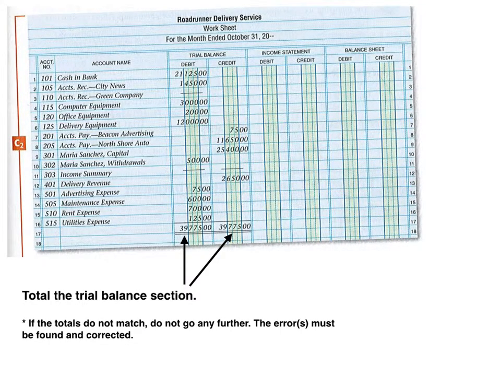Now, the next step after we draw this single line is we actually total the debit and credit columns. If the totals do not match, do not go any further. You must find the error or errors and correct them before you move any further.